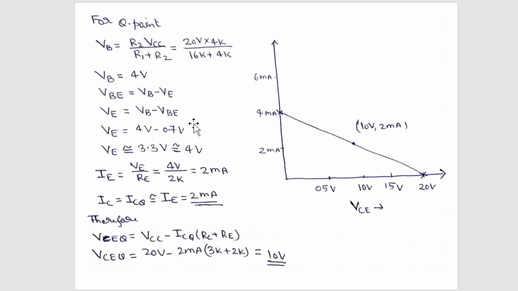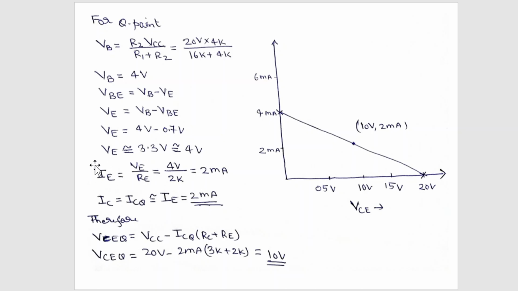Remember, this 4 volt is much greater than 0.7 volt, so to simplify our calculation, I have neglected this 0.7 volt. If you calculate 4 volt minus 0.7 volt, that gives 3.3 volt, but rather than writing 3.3 volt, I am approximating it as 4 volt, which will simplify our division.